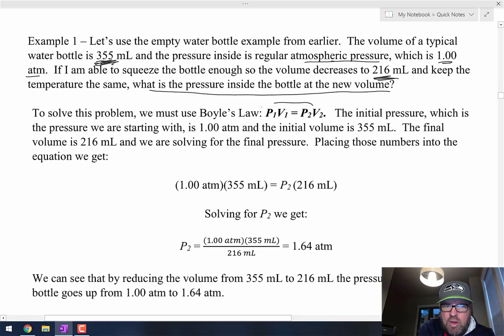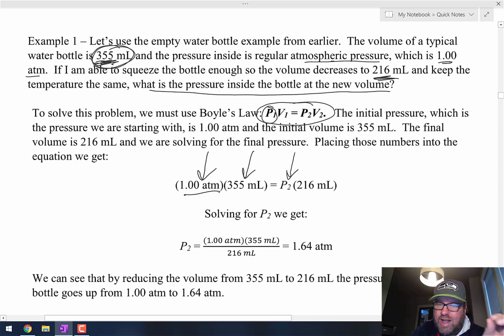So remember, P1V1 equals P2V2. So our initial pressure, the pressure we started with, was 1 atmosphere, so that's our P1. Our initial volume is the 355 milliliters, and that's equal to the final pressure. Now that's our unknown. That's the one we're trying to find. Okay, and then our final volume is the 216 milliliters.